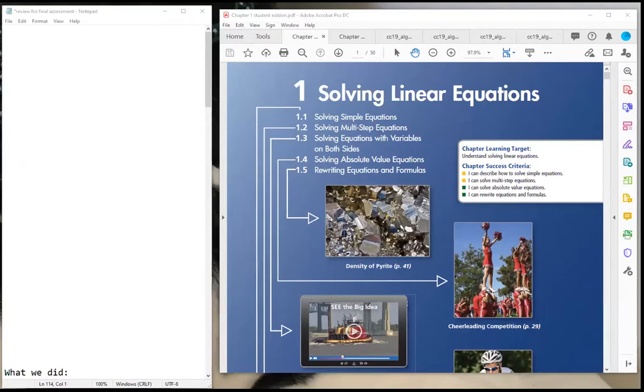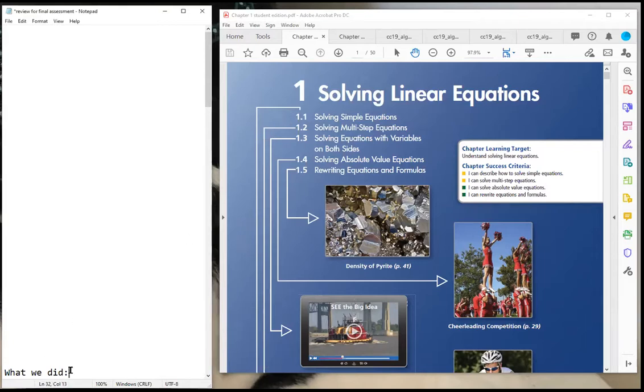And I'll post this on the Google Classroom as well. So basically, we worked on chapters 1, 2, 3, 4, 5, and 7. We didn't do everything from every chapter, so it's worth it to go through and look at what we did.